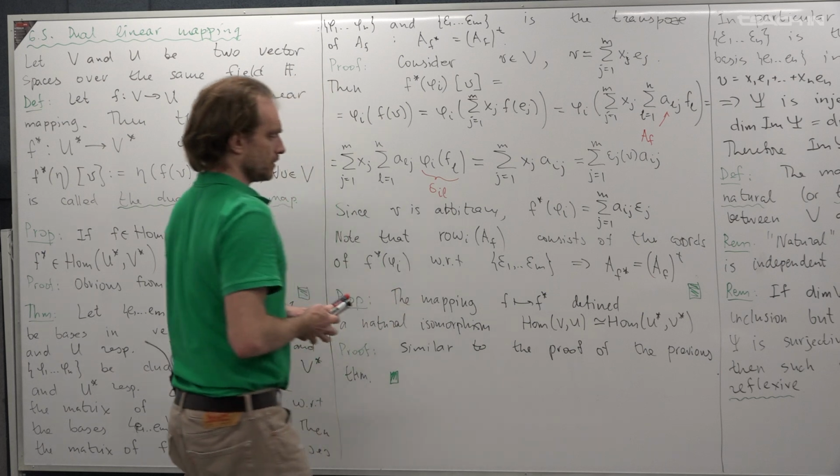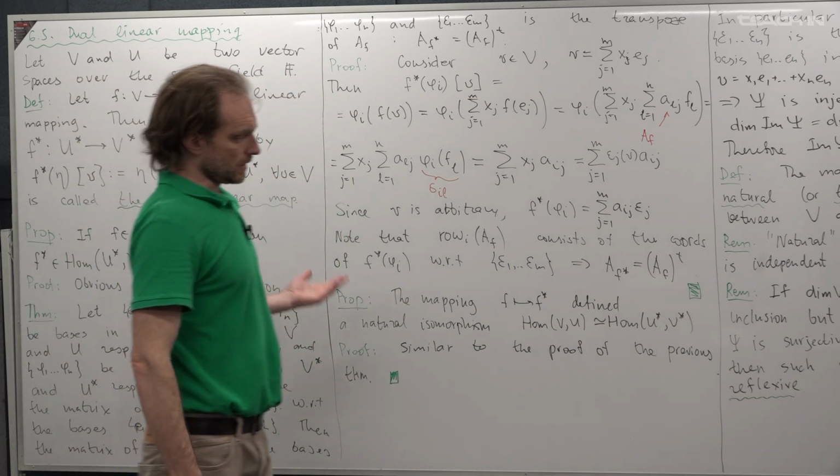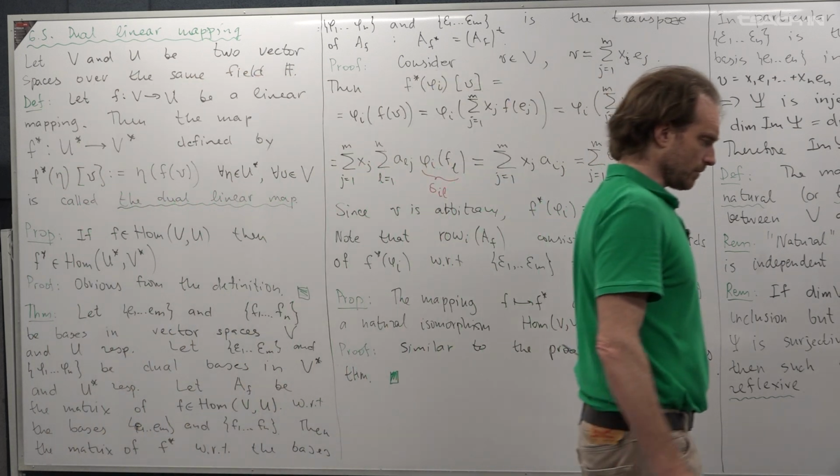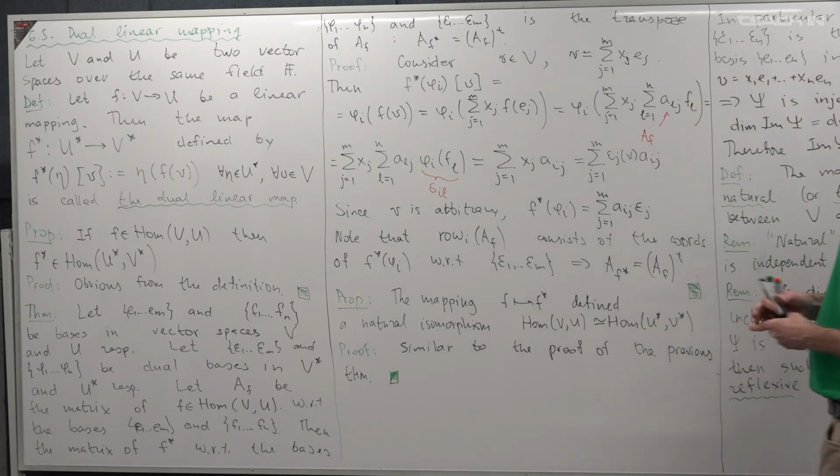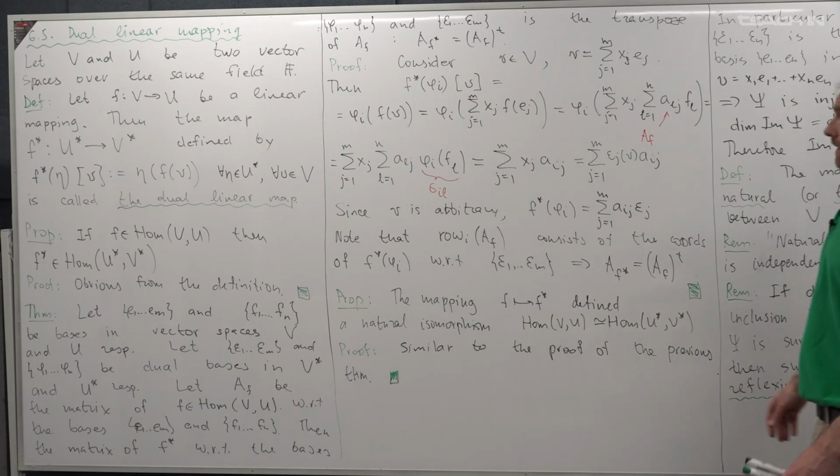I will not go into the details. This is a good exercise, just to repeat the proof and to see that everything works more or less in the same way in this case also.